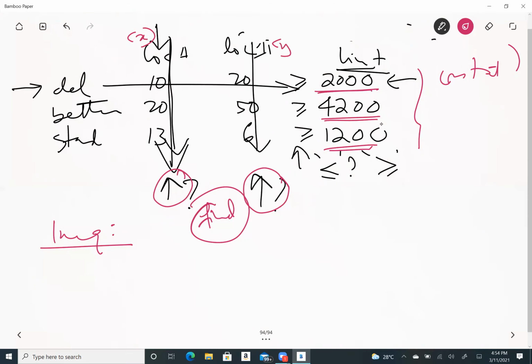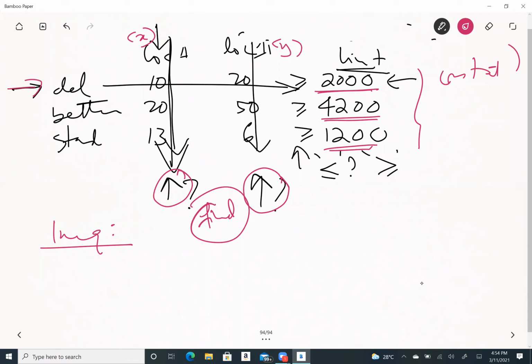This is Y. Give me one inequality. Quick. 10x plus 20y bigger or equal to 2000. Okay, that is one. That is on the deluxe.